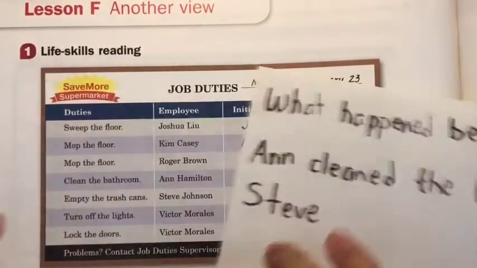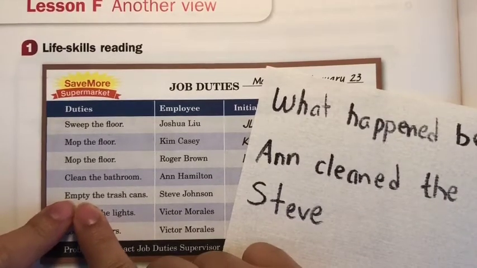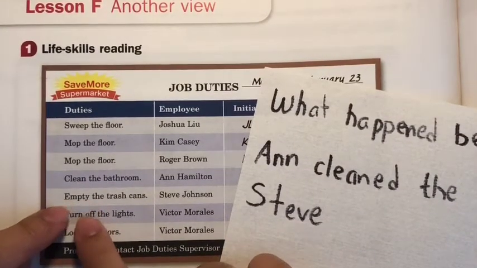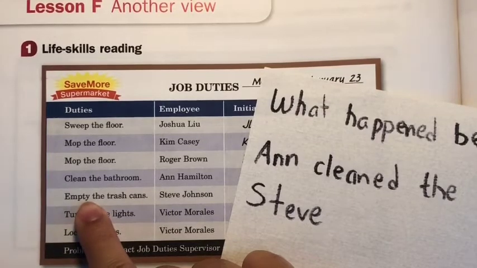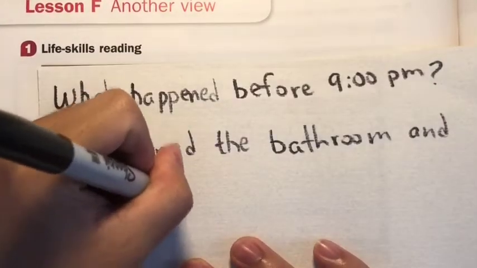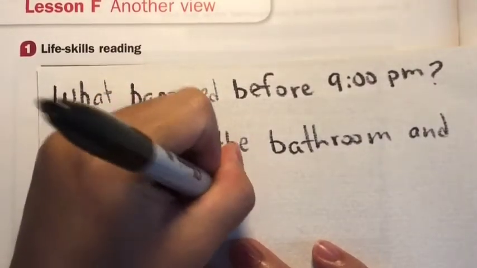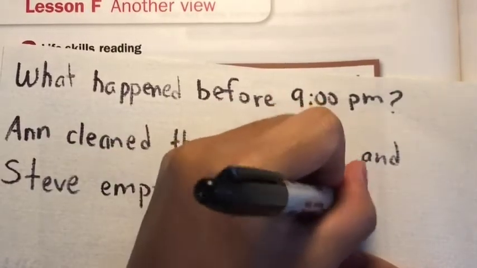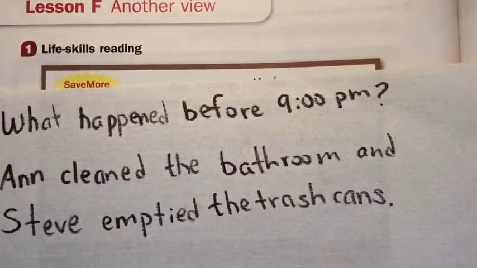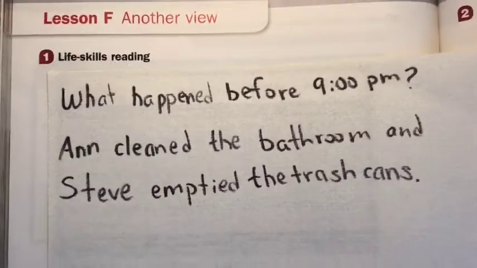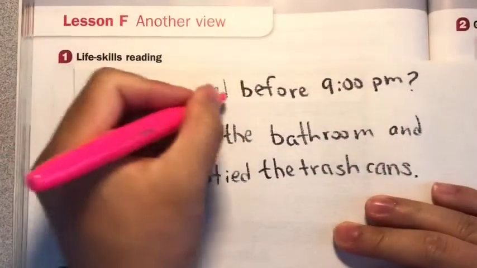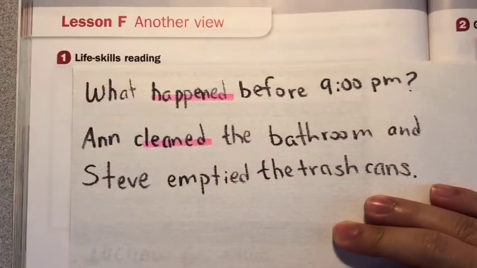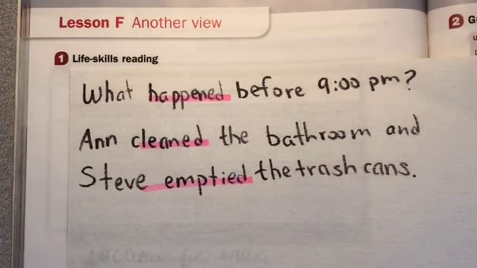Empty. What's the past tense of the word empty? Because empty ends with the letter Y, we change Y to IED. So Steve emptied the trash cans. So, what happened before 9 p.m.? Anne cleaned the bathroom and Steve emptied the trash cans.